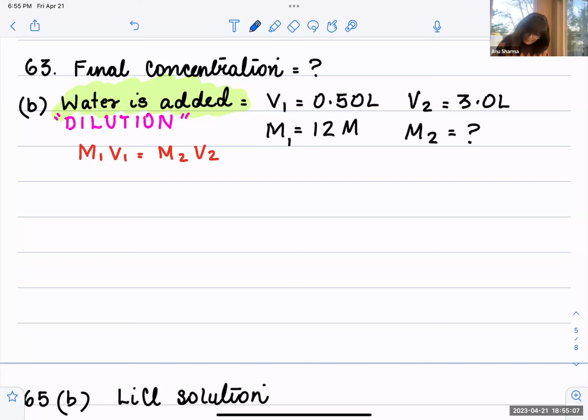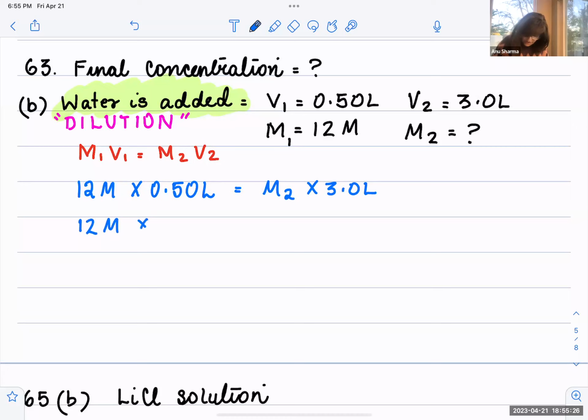So M1 is 12 molar, right? Times V1, which is 0.50 liters, is equal to M2 times V2, which is 3.0 liters. So bringing all the like terms on one side, 12 times 0.50 liters over 3.0 liters is equal to M2.